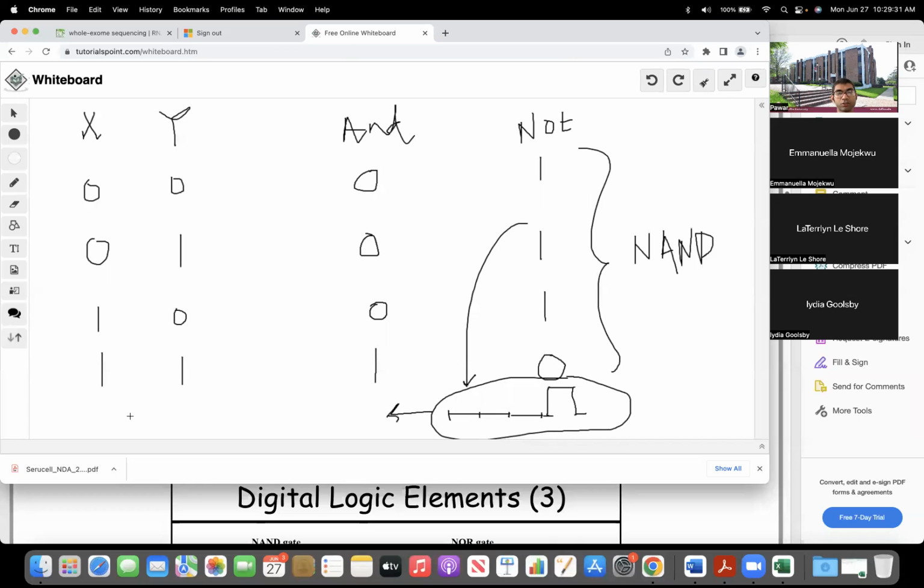So one should be an elevation. It should be something like this: elevation, elevation, elevation, depression. That's a correct output. This is a wrong output. So that's a waveform. It's a very simple technique, and I'm sure you understand it.